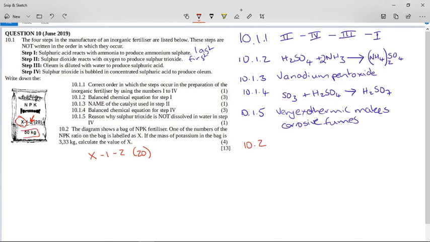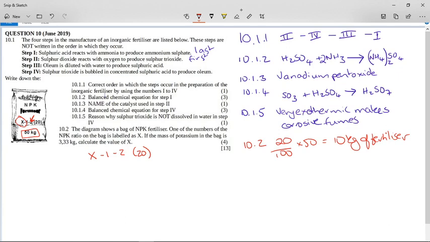So the whole bag weighs 50 kilos, but of those 50 kilos, only 20% is actually fertilizer. So 20% of 50 kilos is 10 kilos of fertilizer in the bag. Now of those 10 kilos, 3,33 is potassium.